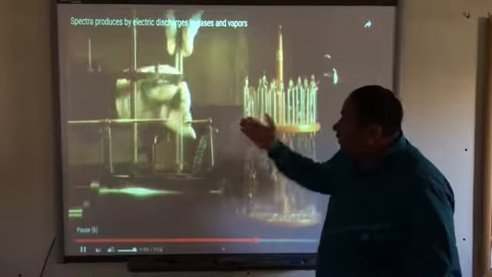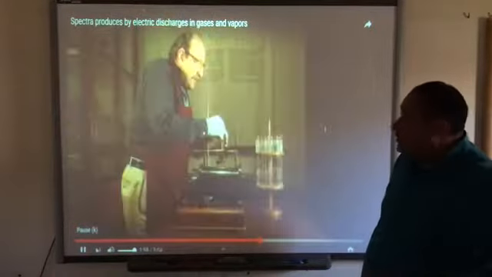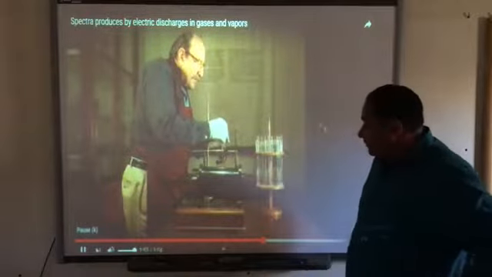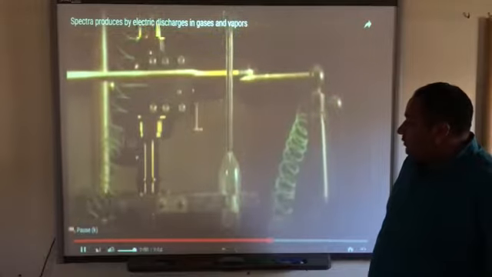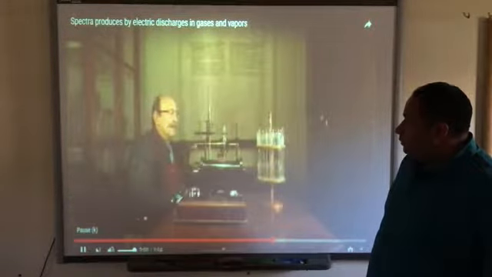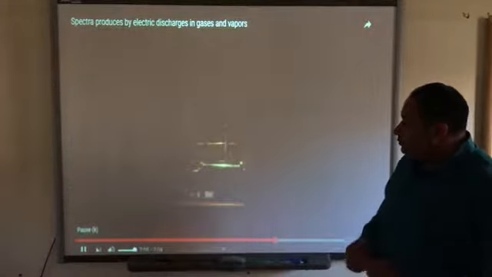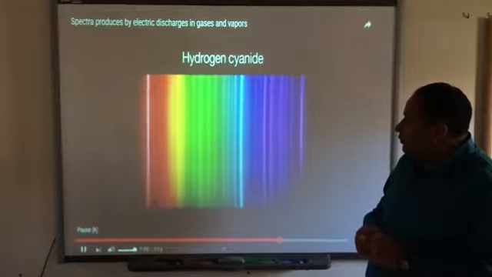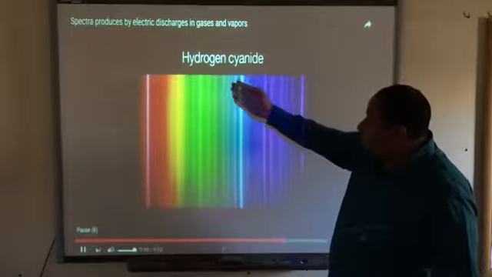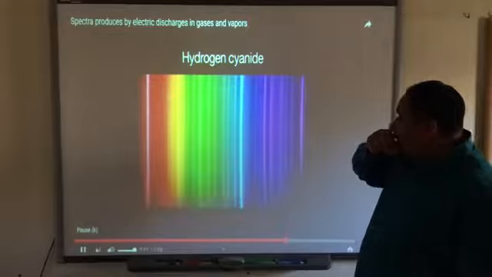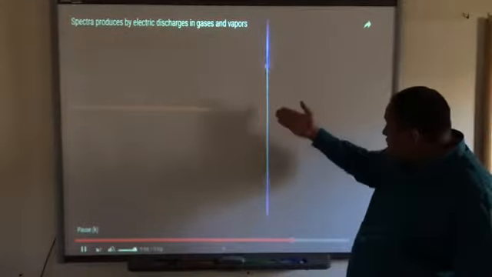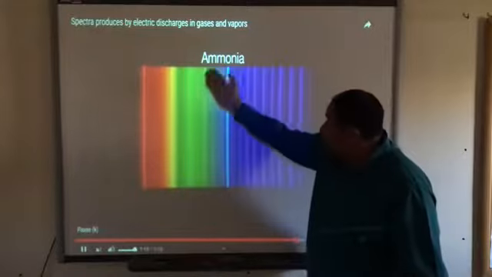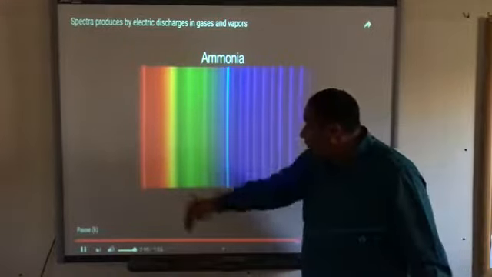Now, this was bromine. Now, another sample of another gas. Watch what happens. It's hydrogen cyanide gas, and this is what you see with your eye, but this is what you see through the spectroscope. This is ammonia, another spectrum.